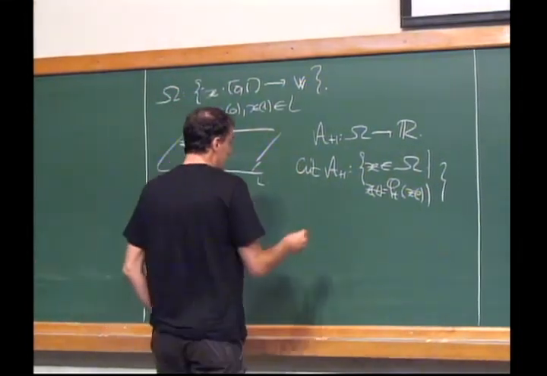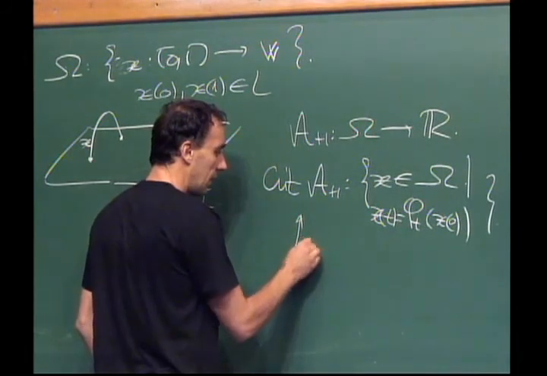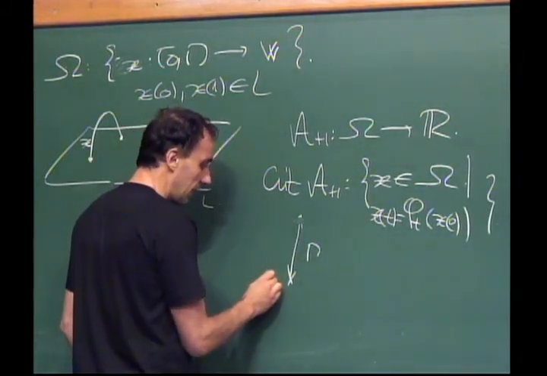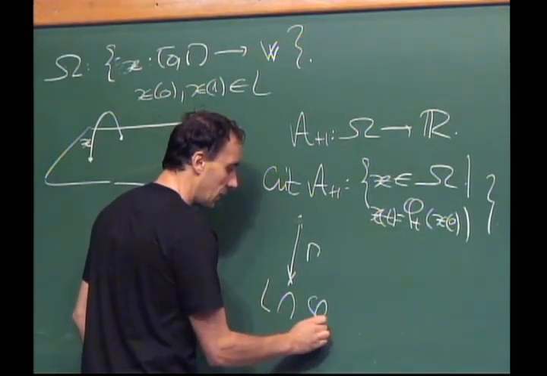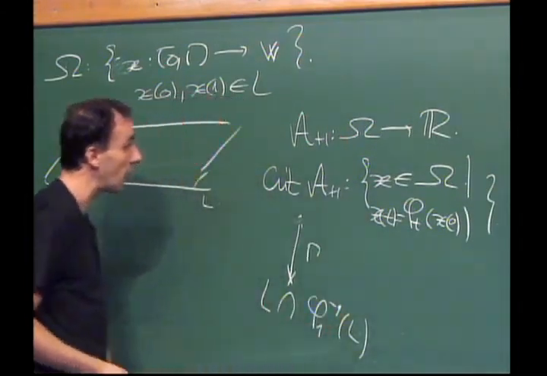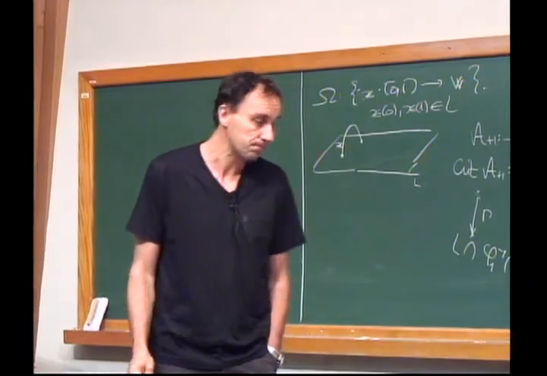And by this correspondence, gamma, they were in one-to-one correspondence with the intersection between L and phi 1 minus 1 of L. So this critical point corresponds somehow to a Lagrangian intersection.